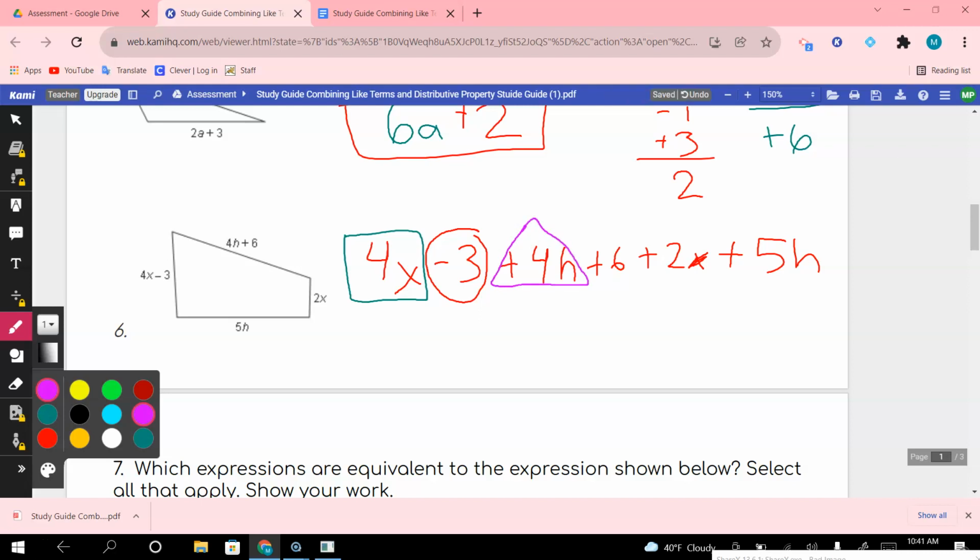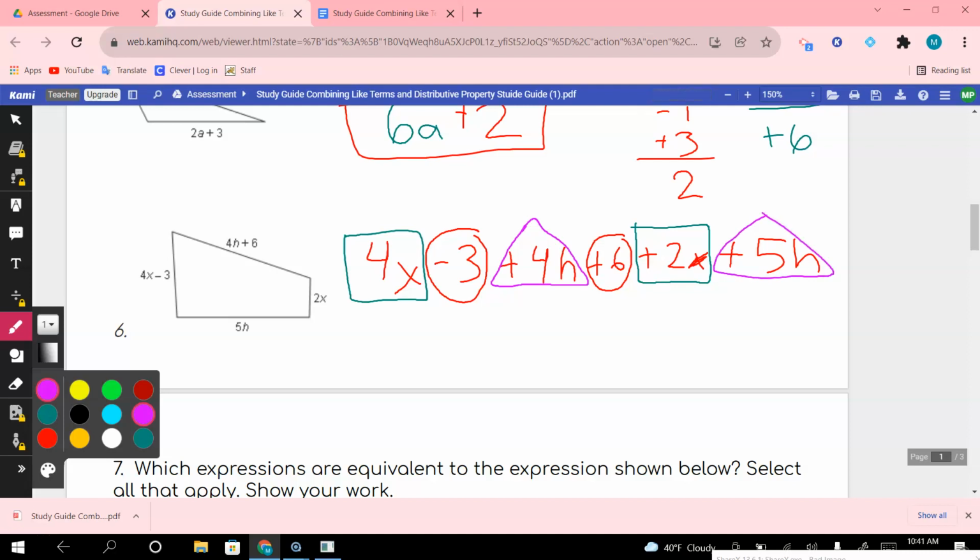Plus 6 is going to be like my negative 3 because they do not have a variable. Plus 2x is like my positive 4x, and plus 5h is like my plus 4h.